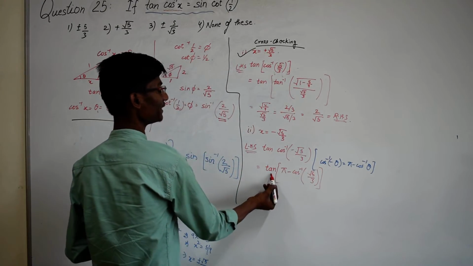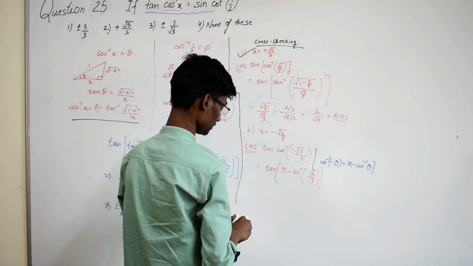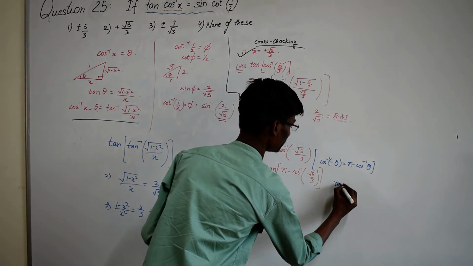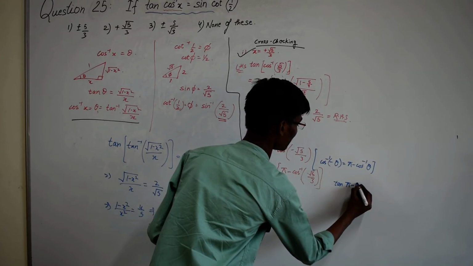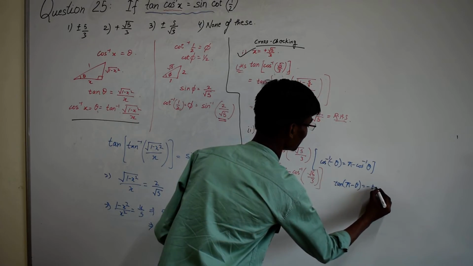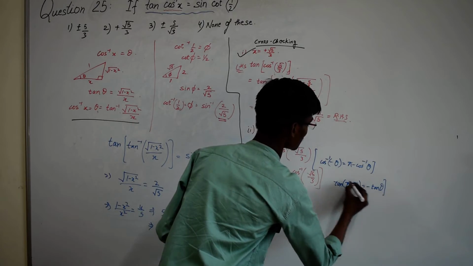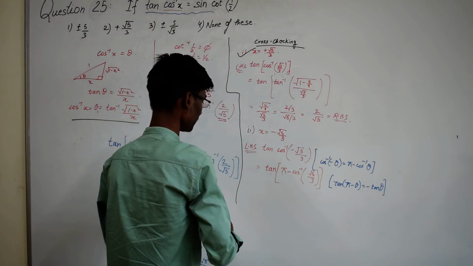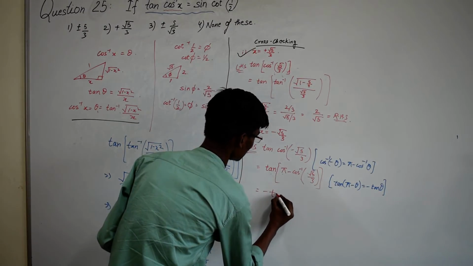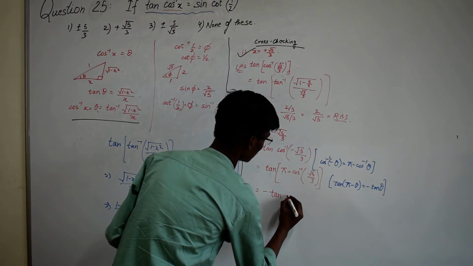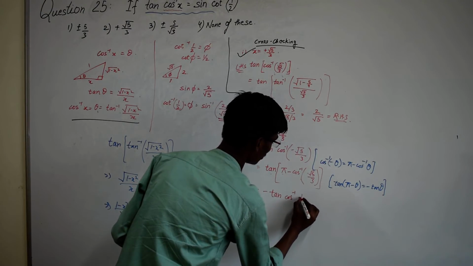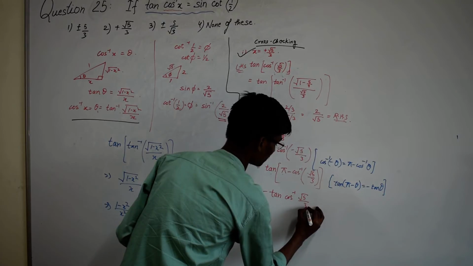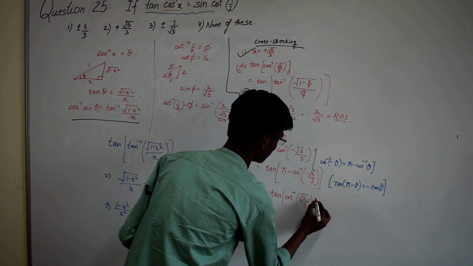Since tan of pi minus theta is equal to minus tan theta, we get minus tan of cos inverse root 5 by 3.